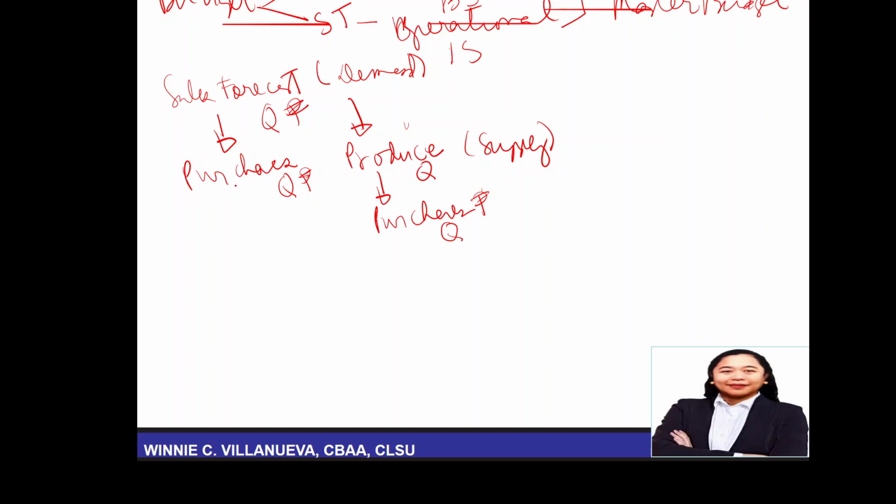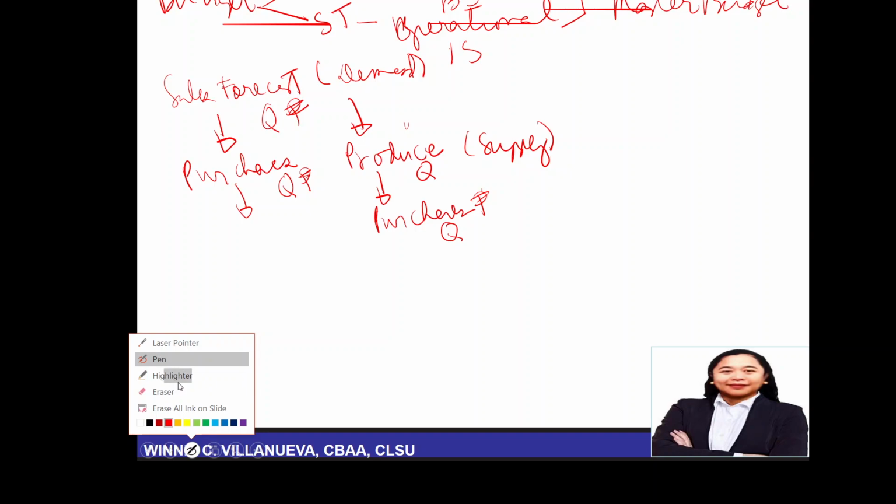Then now after you have your purchases, you can go to the other part of your income statement because purchases and produce would definitely be reflected in your cost of sale, di ba? Itong item natin, no?